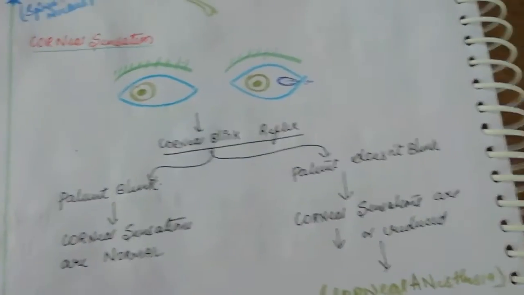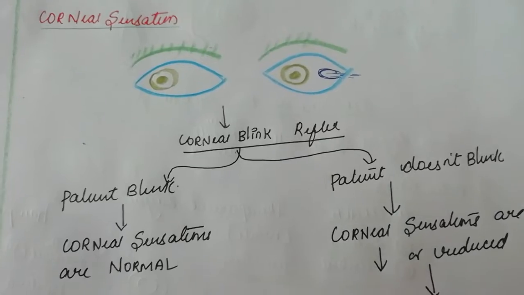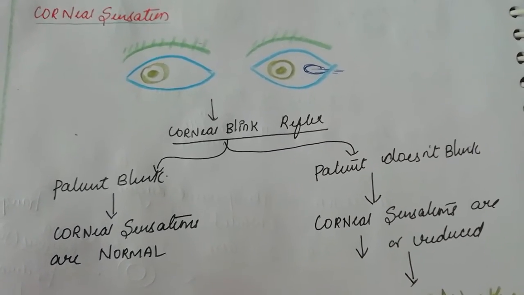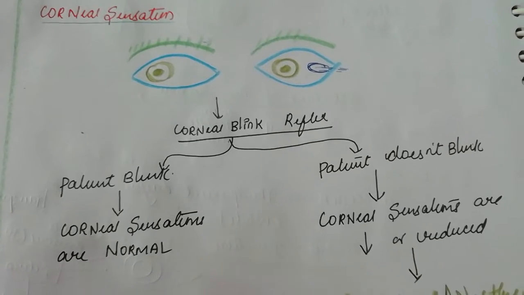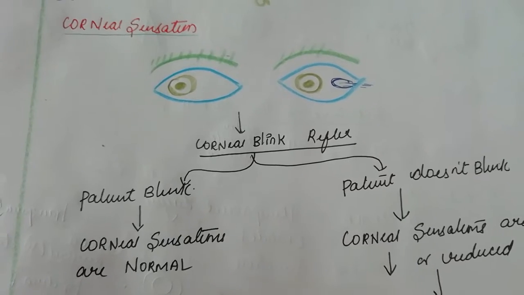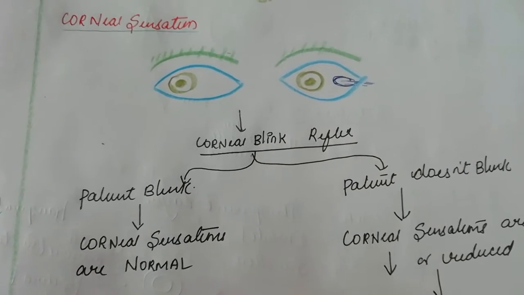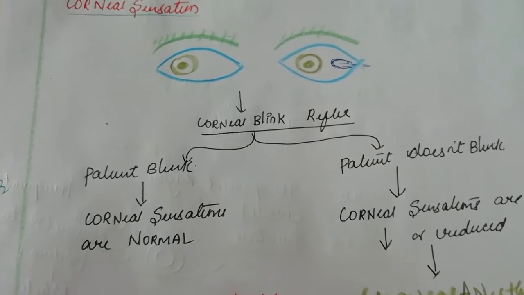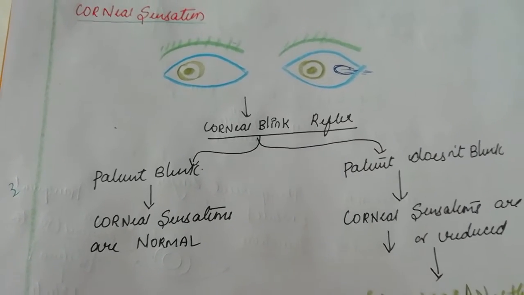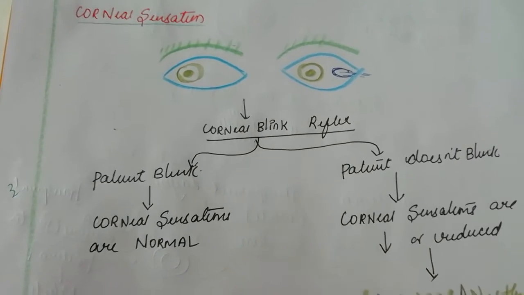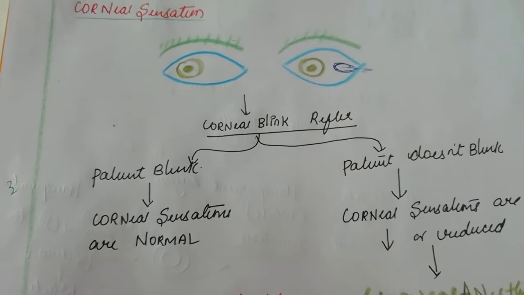So let us look into the points written here. We need to look into the sensation of the cornea. Let me take a cotton wisp and touch the corneal surface. If the patient blinks, there is corneal sensation, and it is normal. That is the reason the patient is blinking.